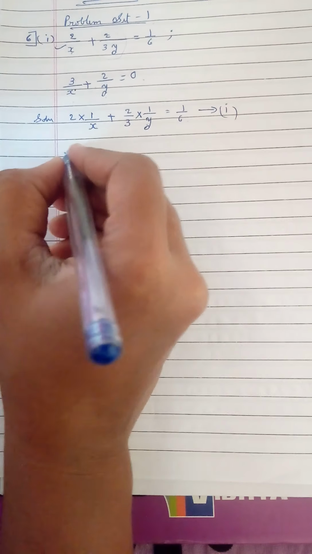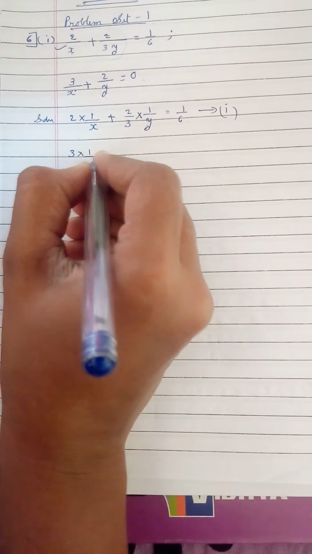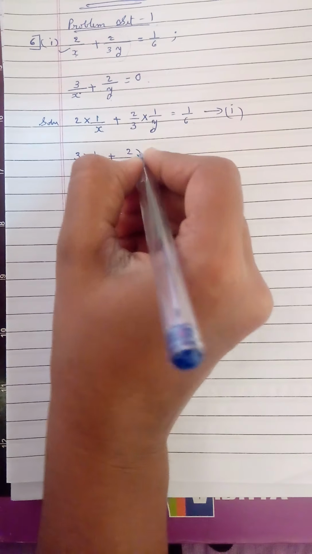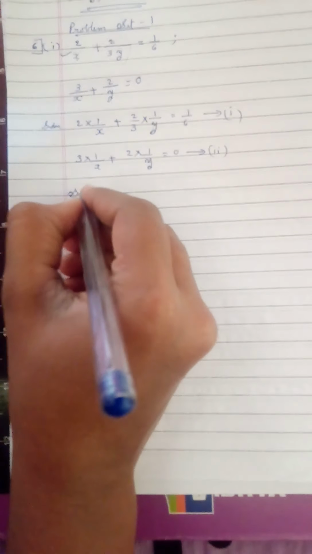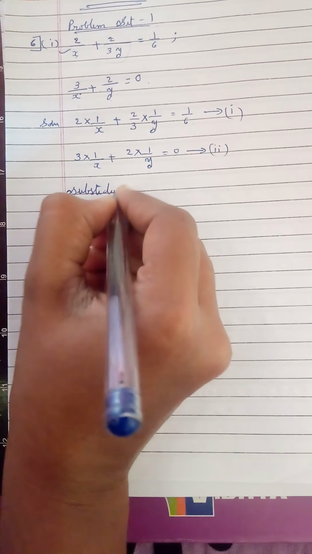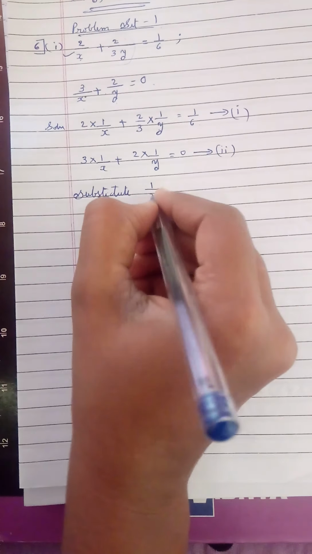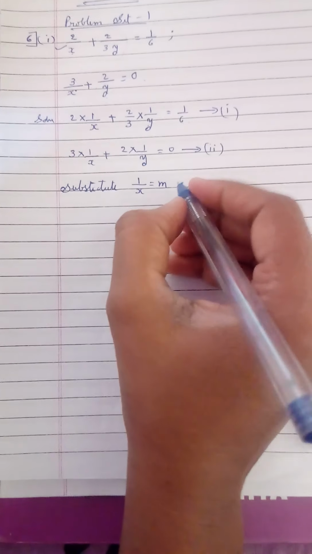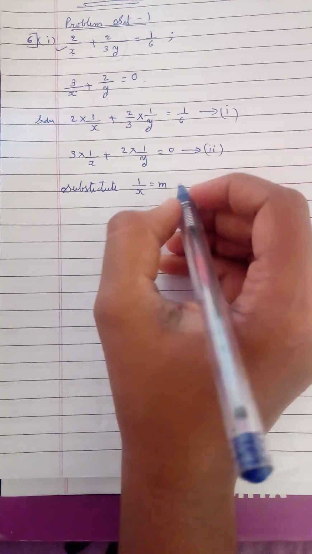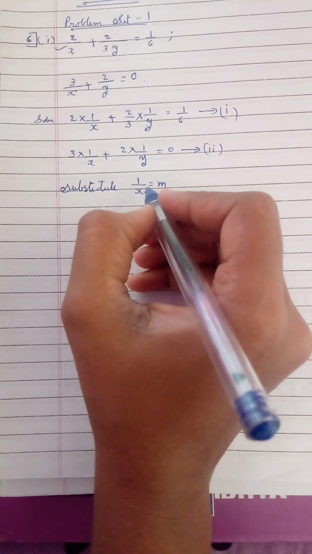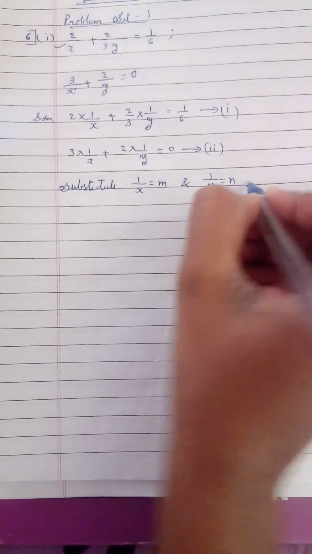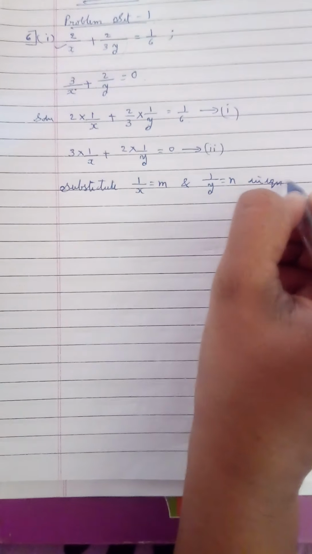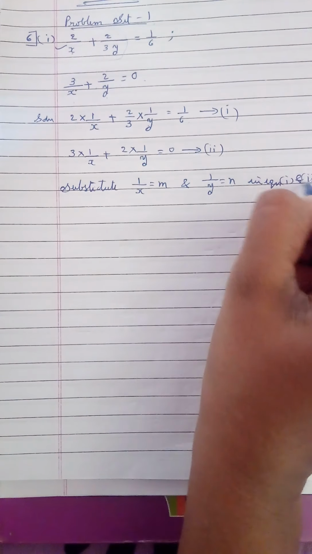Next, similarly second one, 3 into 1 by x plus 2 into 1 by y equal to 0. Consider this as equation 2. Now substitute 1 by x equal to m and 1 by y is equal to n in equations 1 and 2.